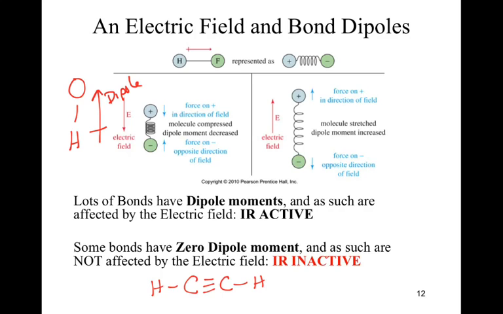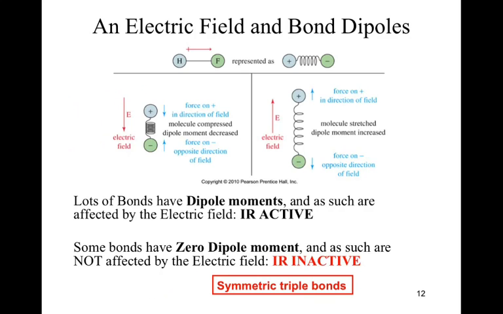That requires that it's symmetrical. If instead of having a hydrogen I put CH3, now it's not symmetrical, we do see the triple bond show up. Okay? So watch out for that symmetry issue. Really the only place it shows up is with your triple bonds, particularly your carbon-carbon triple bonds. Any other case, it's not that big of a deal. You'll see the bond show up in your IR.